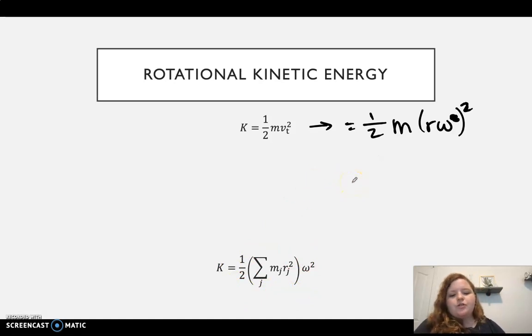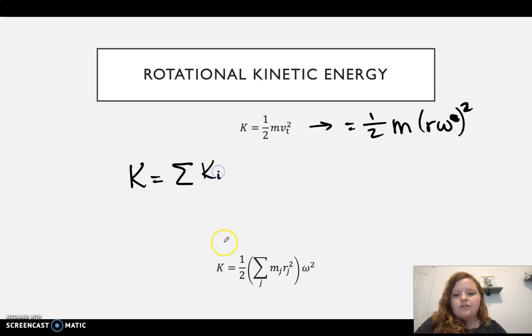So what we do is we say that the total kinetic energy is going to be a summation over all of these energies. So I can say kinetic energy is equal to the sum of all the individual energies, right? And when we do that, we will sum it over these masses.